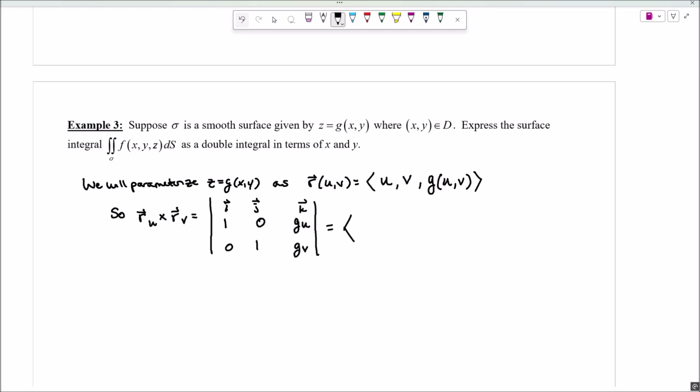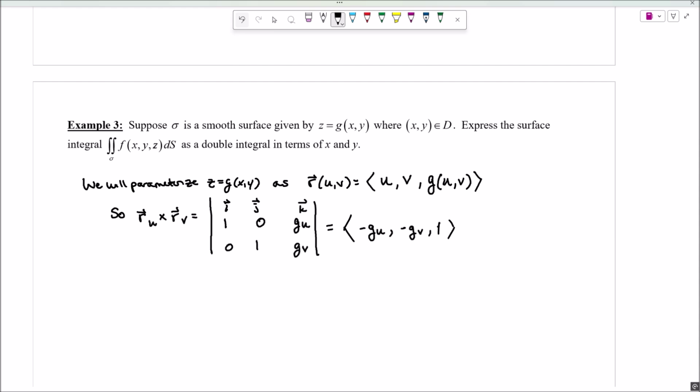For my first component here, I'm going to end up with a negative partial of g with respect to u. And then for my middle component, it looks like here I'm going to get a g partialed with respect to v minus 0. But remember that middle component always gets multiplied by an extra negative. And then my final component here is a 1.